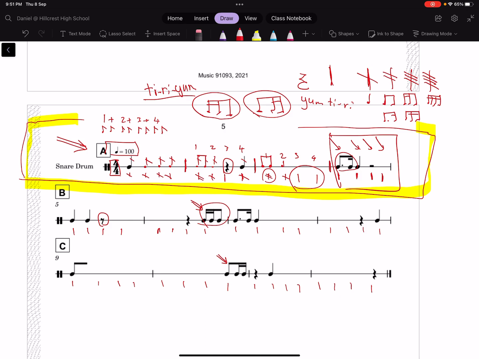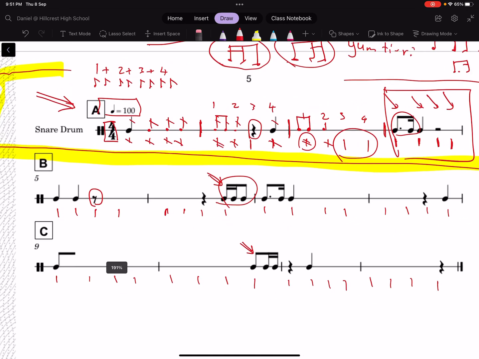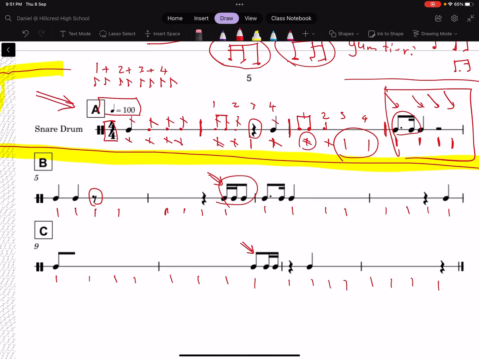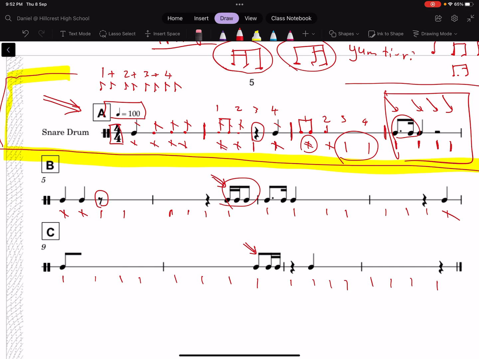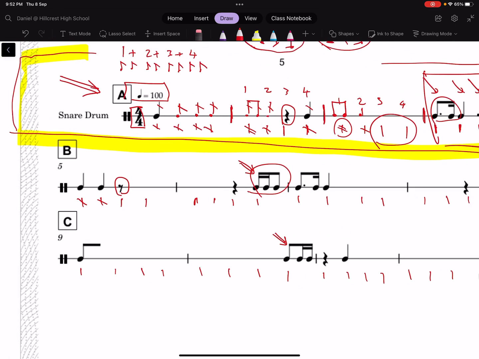Okay, we'll move on to B. Here is section B for the first time. Okay, tricky. All right, so we've got ta, ta, ta, ta, ta.